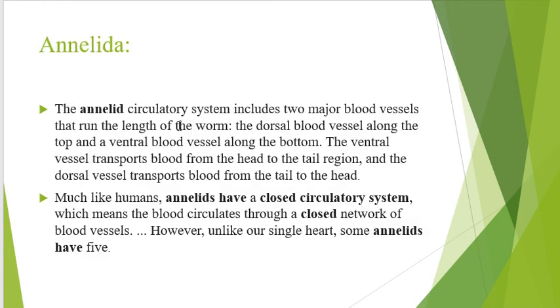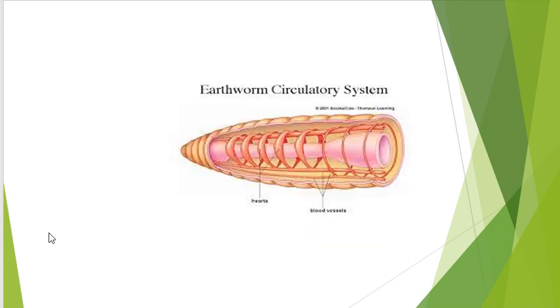Next we have annelids. The annelid circulatory system includes two major blood vessels that run the length of the worm: the dorsal body vessel along the top and the ventral body vessel along the bottom. And much like humans, annelids have a closed circulatory system, which means that blood circulates through a closed network of vessels. However, unlike our single heart, annelids may have five hearts that allow the movement of material and transportation inside the animal.